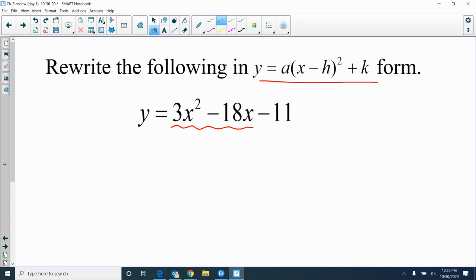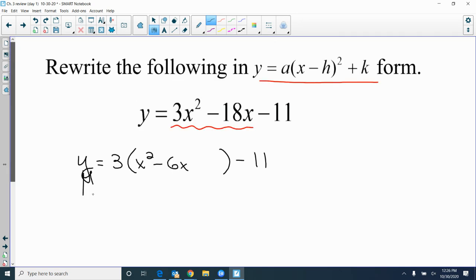So I'm going to make this into y equals 3 parentheses x squared minus 6x. Leave a spot there, and that's where we're going to complete the square.